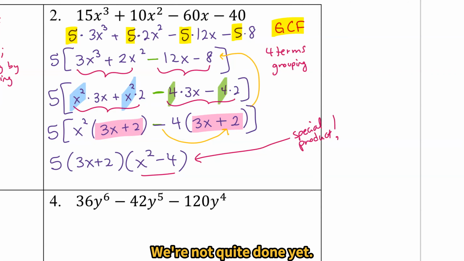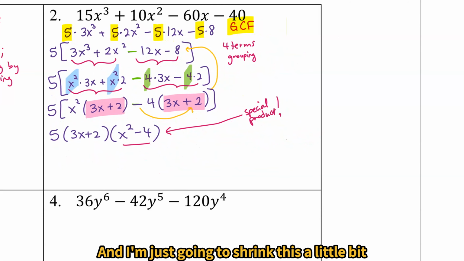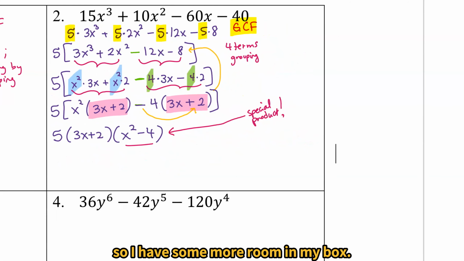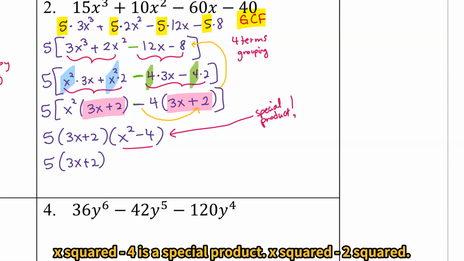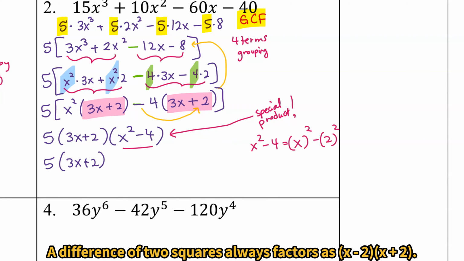We're not quite done yet, and I'm just going to shrink this a little bit so I have some more room in my box. And 5 and 3x plus 2 get to hang on for the ride. X squared minus 4 is a special product. X squared minus 2 squared, a difference of 2 squares, always factors as x minus 2, x plus 2.